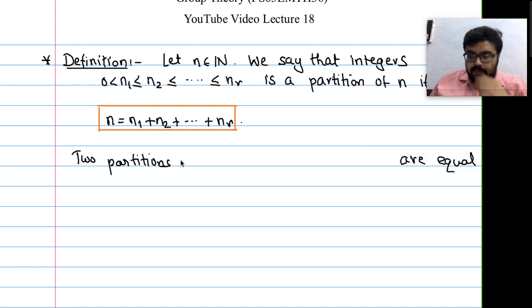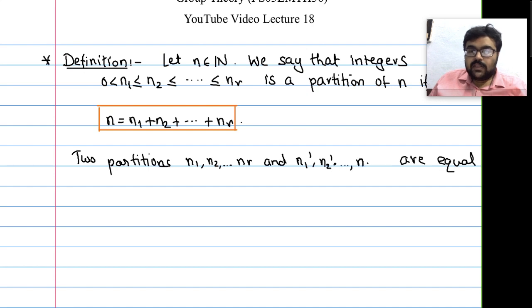Let the first partition be given by n1, n2, up to nr, and another partition be n1 prime, n2 prime, up to ns prime.